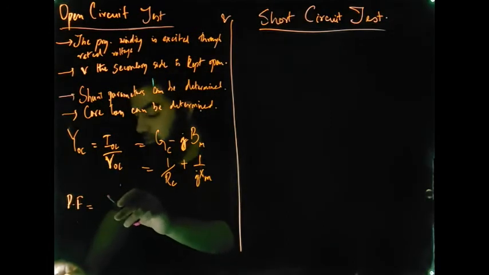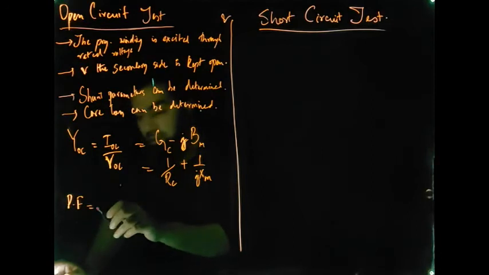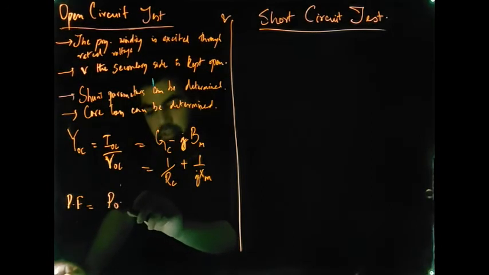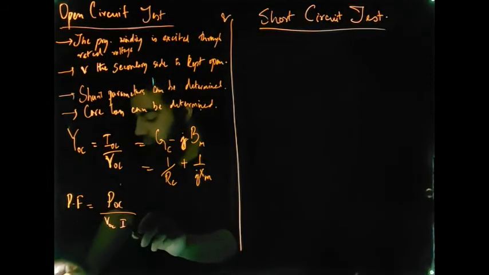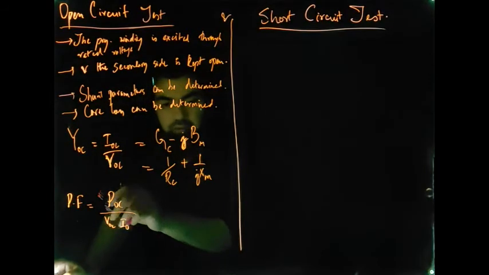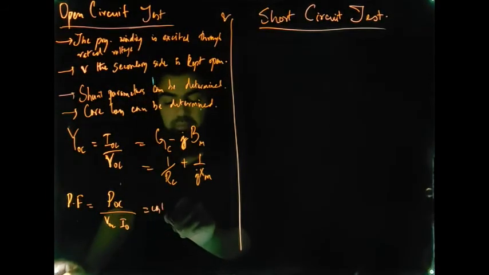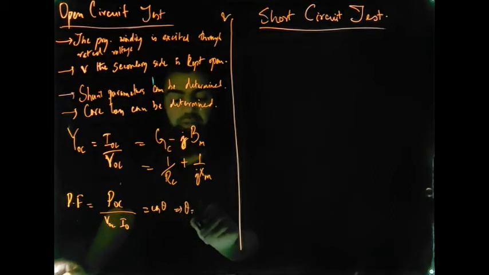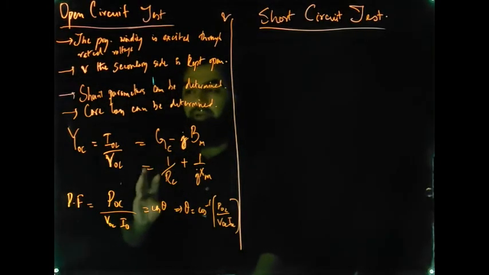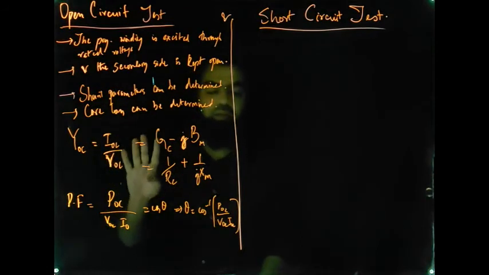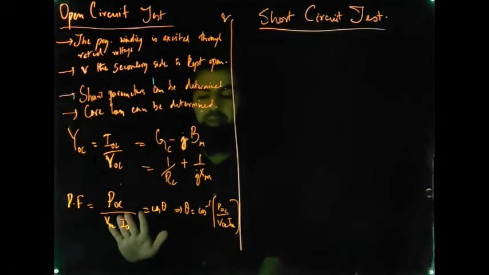We know the power in the system is POC, which is determined using the wattmeter, and dividing it by VOC and IOC gives us the power factor, that is cos theta. Which implies theta will be equal to cos inverse of POC divided by VOC into IOC. POC is the wattmeter reading that we will take while determining this experimentally.